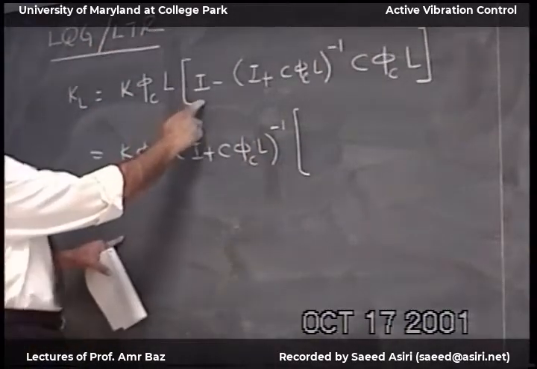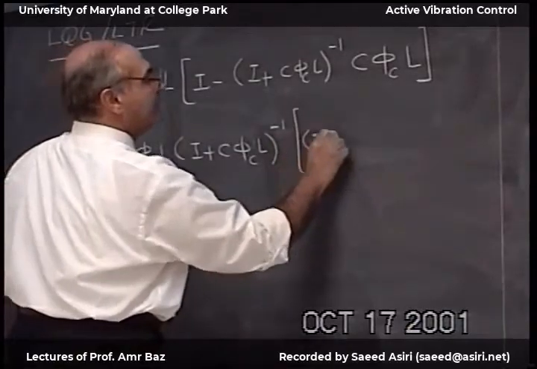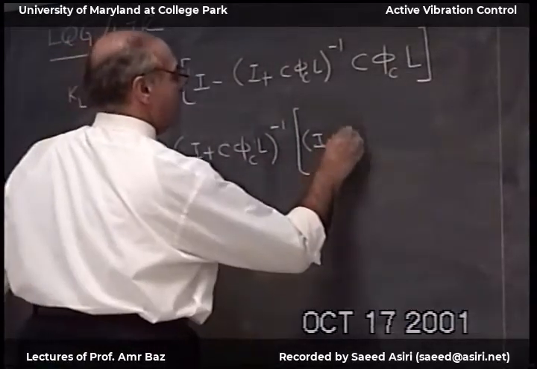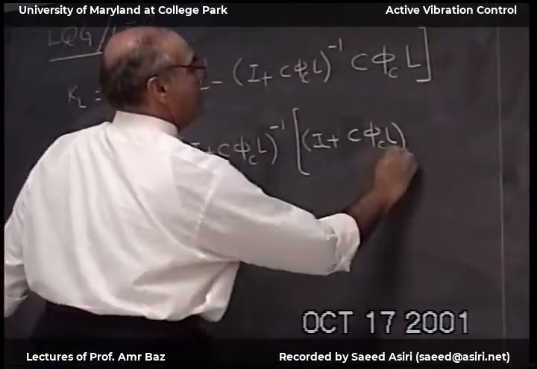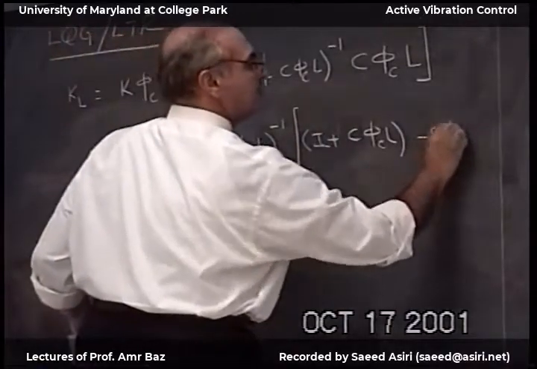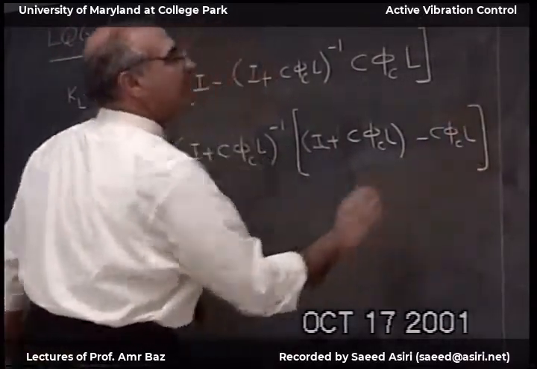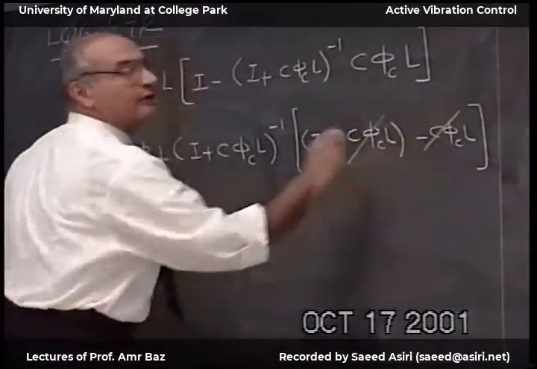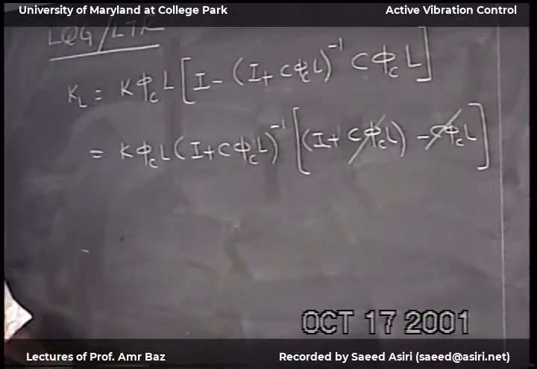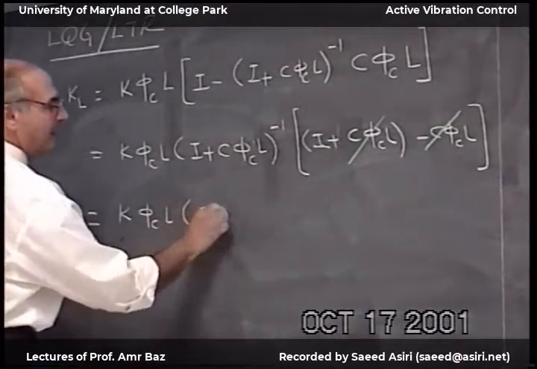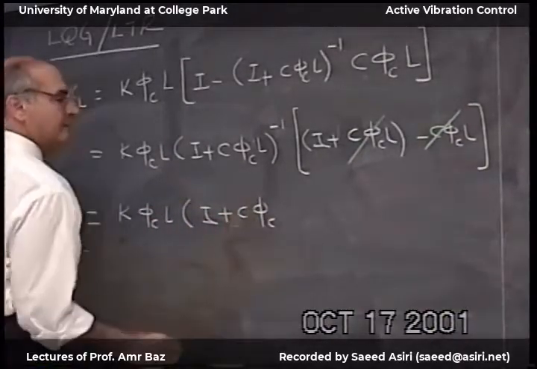So the inside now will be I plus phi L minus C and L. And this will drop with this. So this now reduces to K phi C and L, I plus C phi C and L inverse.